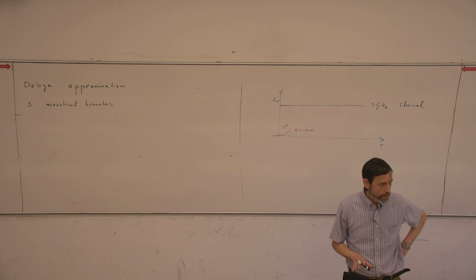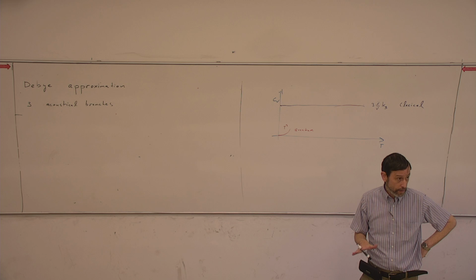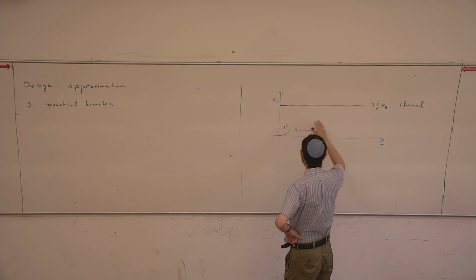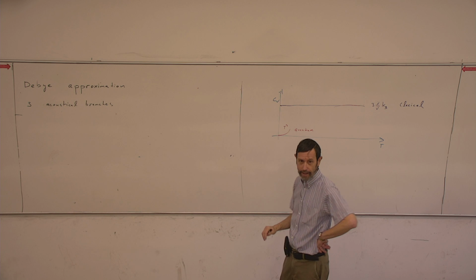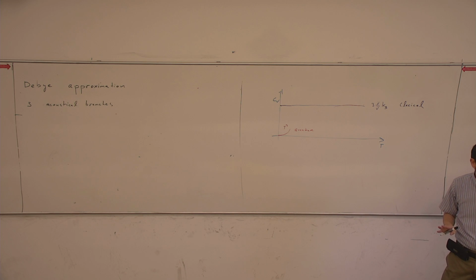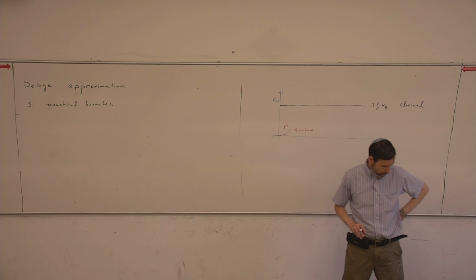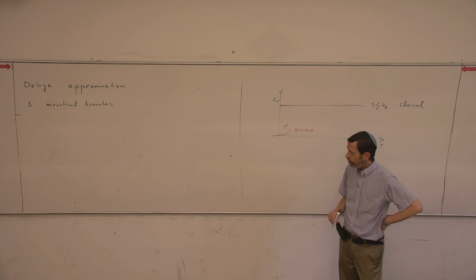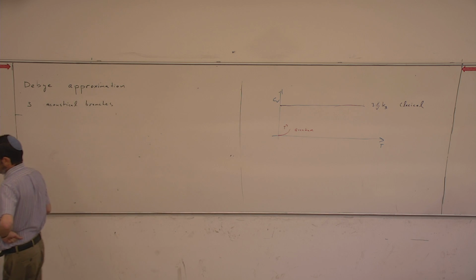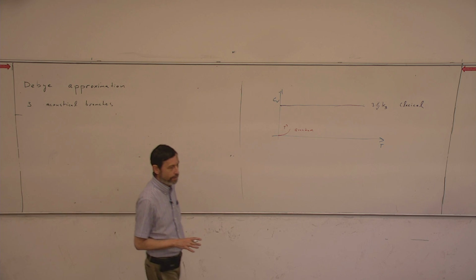Okay, as long as we are dealing with one atom per unit cell, it's okay. And even if we do more than one atom, as long as T is not too high, it's probably also okay. And here comes the crucial and somewhat questionable assumption.